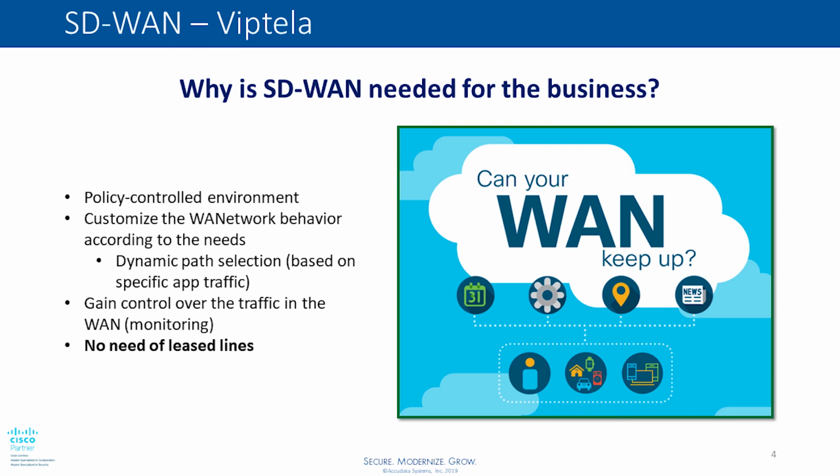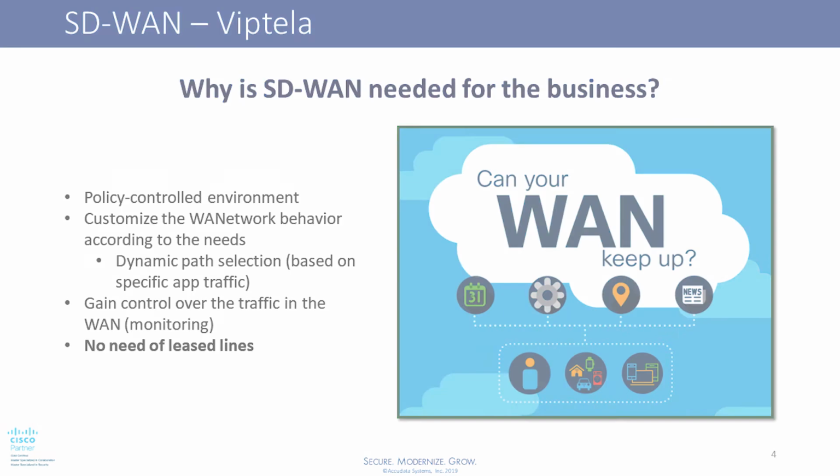That means you're going to have monitored interfaces to get more insights and details on what is going on at the WAN level. And the good thing about SD-WAN is that you won't need leased lines. You can have dedicated internet circuits and have them securely integrated into your network.